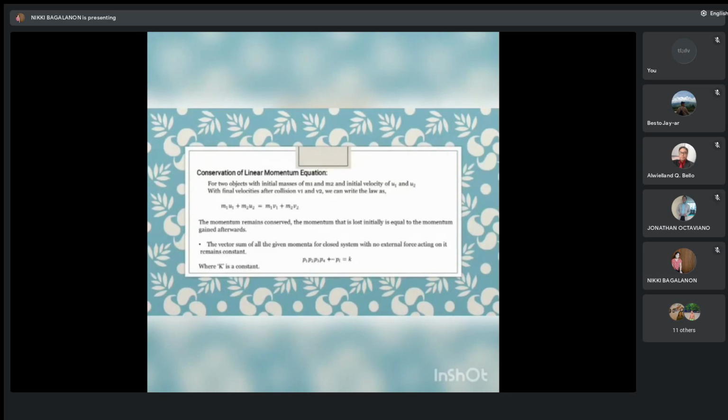Conservation of linear momentum equation. For two objects with initial masses of m1 and m2 and initial velocities of u1 and u2, with final velocities after collision v1 and v2, we can write the law as m1u1 + m2u2 = m1v1 + m2v2.